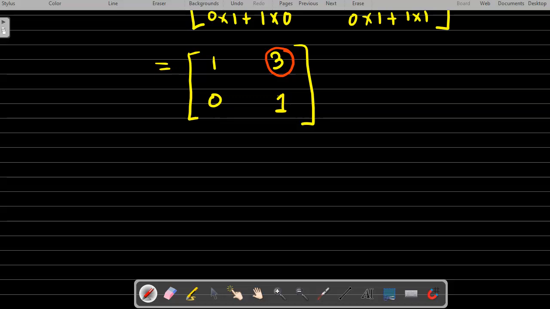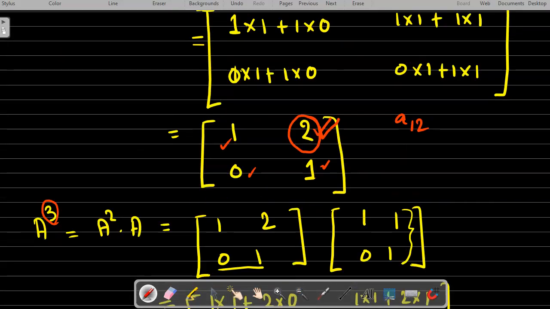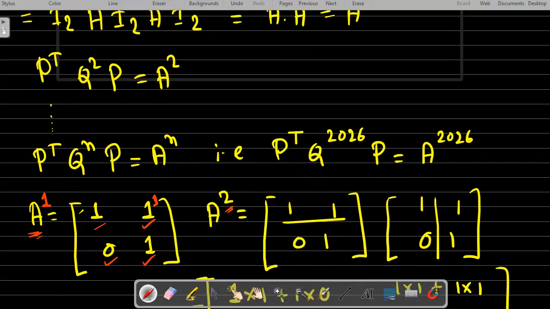In a similar way, you can say that for A to the power 2026, all these elements will be fixed. In the A12 position, you will get the power, that is 2026. Therefore, A to the power 2026 is this. Now, our P transpose Q to the power 2026 into P is equal to A to the power 2026.